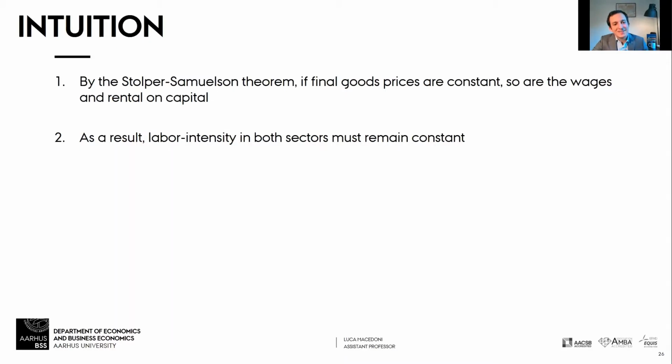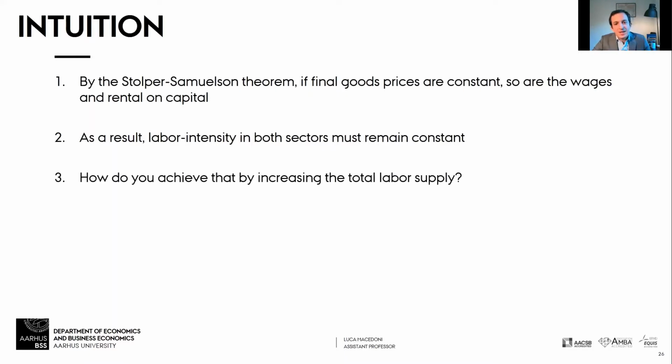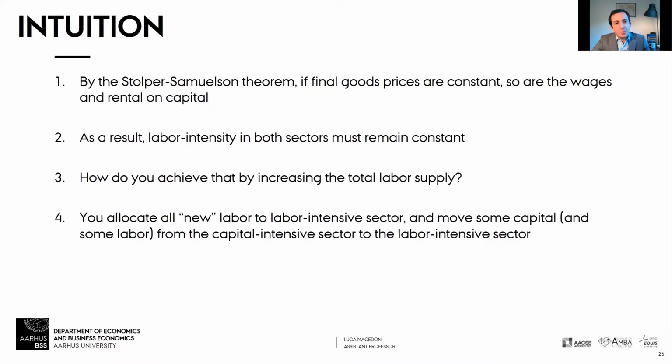So how can we maintain labor intensity constant across sectors when we increase the total number of units of labor? Well, we have to put all the new labor, right, to the labor intensive sector. And then we also have to move away both capital and labor from the capital intensive sector. Right? Why is that? Well, if we increase workers in industry 1, that means that labor intensity will increase.